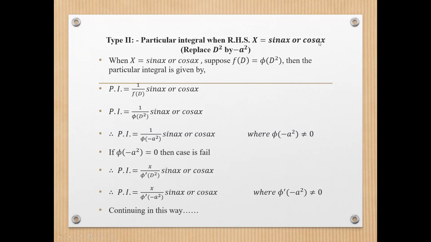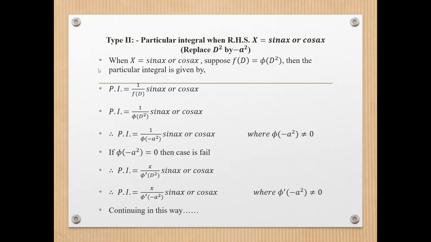Again here, the multiplier of x is a. We have to replace D square by minus a square, not minus bracket a square. We write minus first and then take the square of a, and replace D square by minus a square.